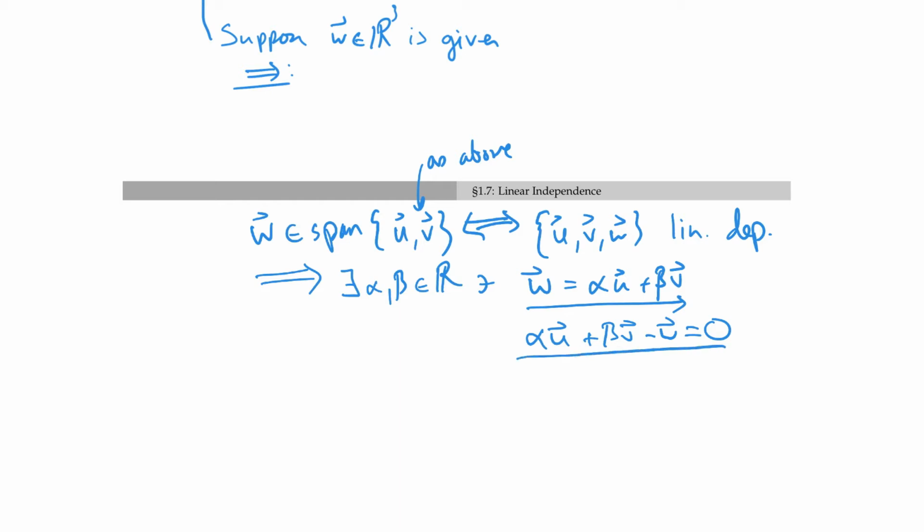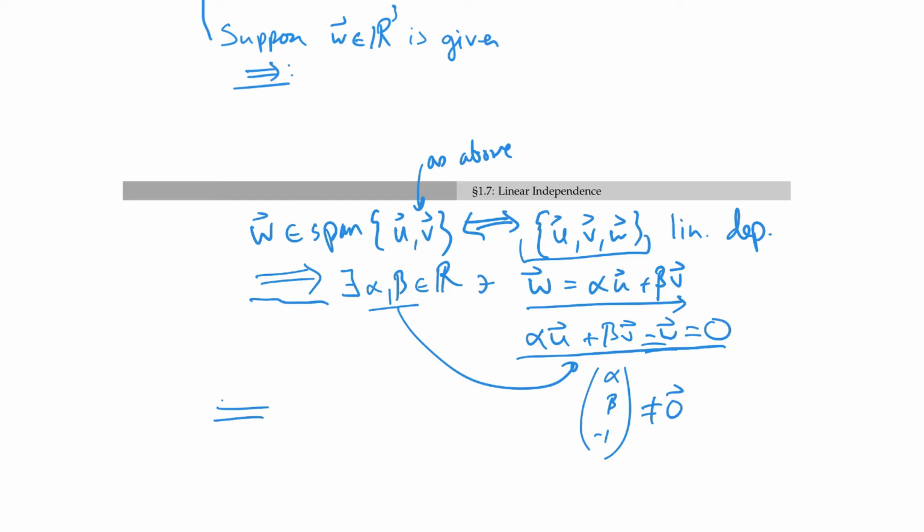Does this have a non-trivial solution? Well, yeah. Even if alpha and beta in this case are both 0, the coefficient in front of W is -1. So I know that alpha, beta, -1 is not 0. Therefore, that's a non-trivial solution, and therefore my set here must be dependent.